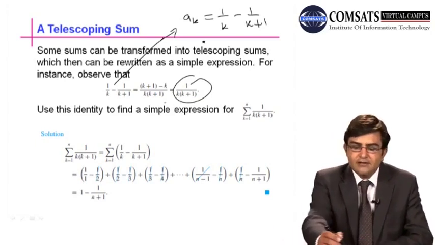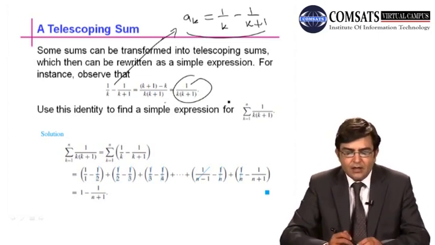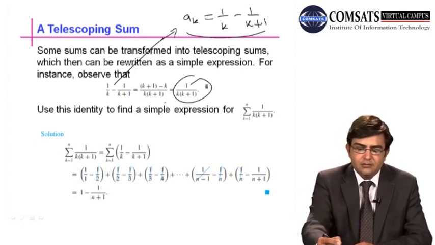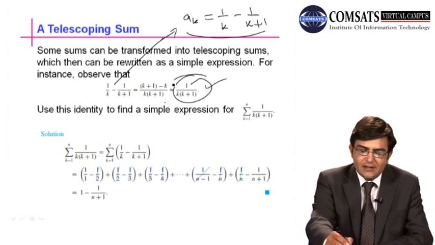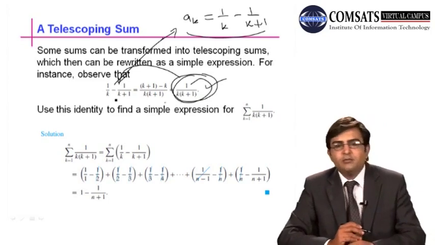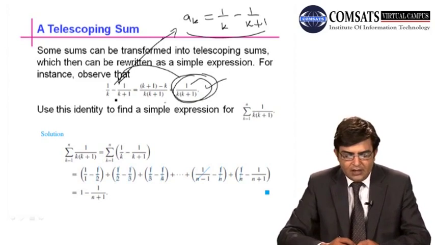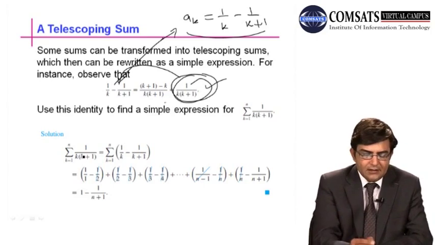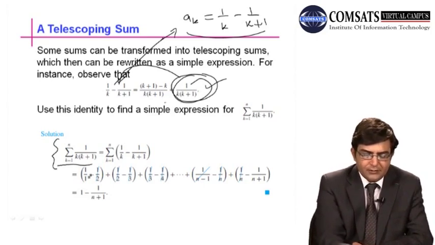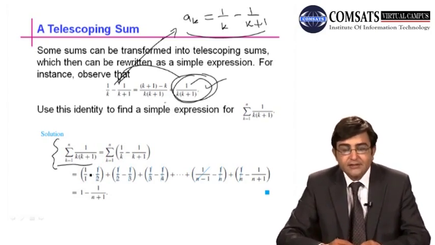So if we are given such nth terms of a sequence or a summation notation, we can simplify them to such an expression. And if we are given such expressions, then we can transform them into this form to simplify the summation which is given to us. Now, expanding this form of the summation is a bit tedious.